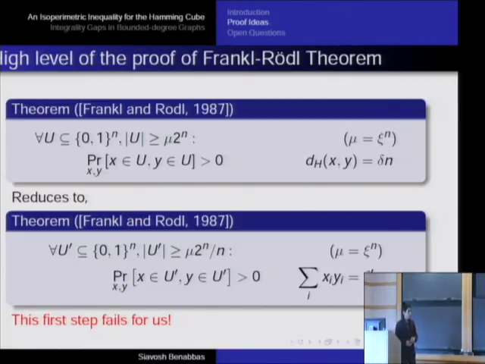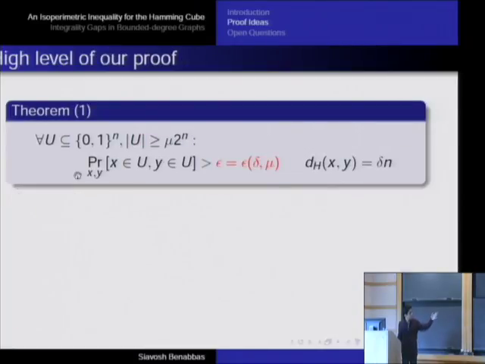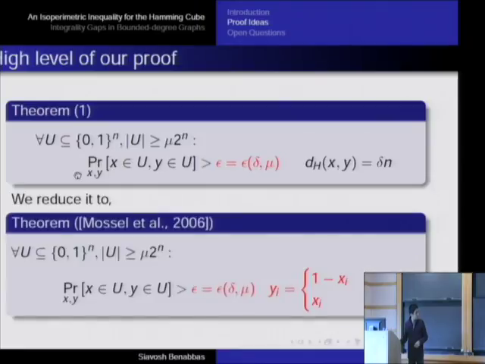And what we do is that we reduce this theorem. What we are interested in is bounding this probability by a constant. So we reduce it to a related problem. And here is the related problem. In this setting, you choose a random x, and then you choose a random y, which is at distance exactly d.